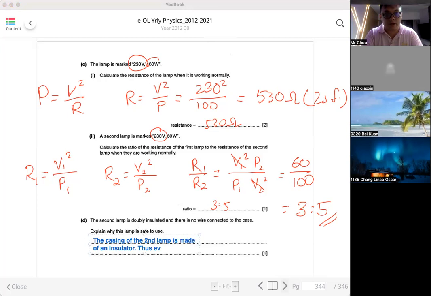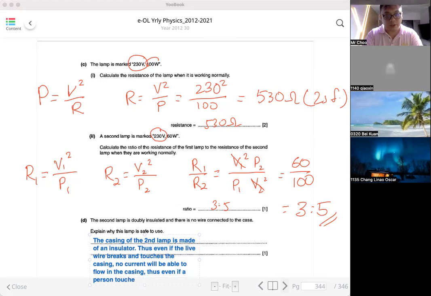Okay, thus even if the live wire breaks and touches the casing, no current will be able to flow in the casing. Is that clear? Thus, even if a person touches it, he will not get an electric shock. Are you clear about this?